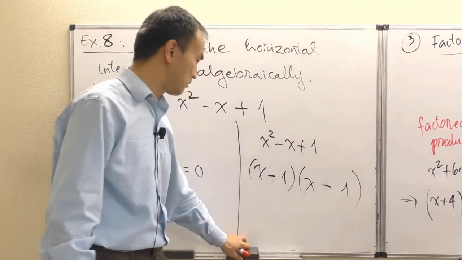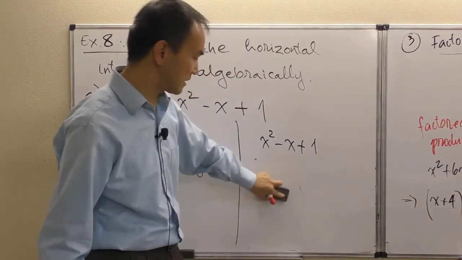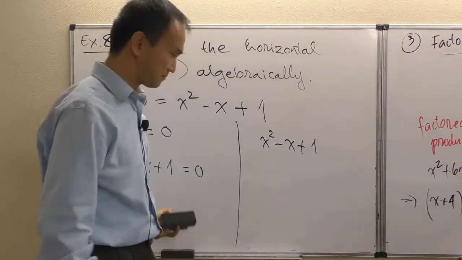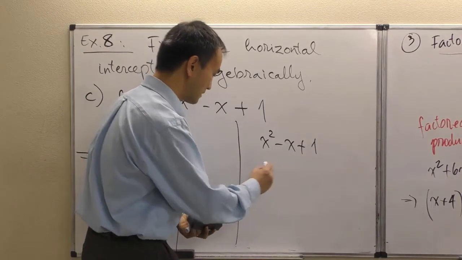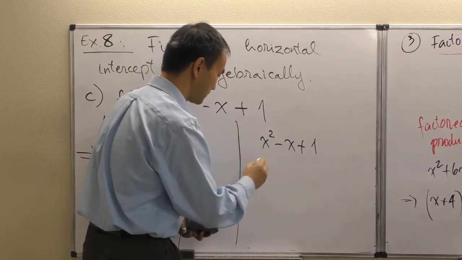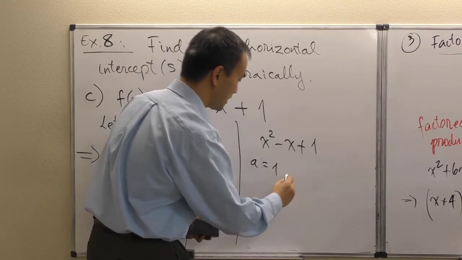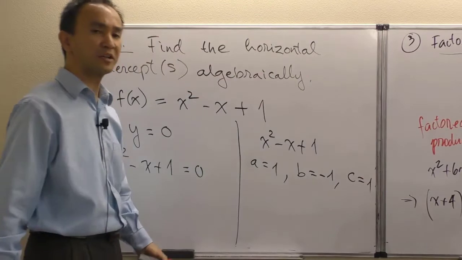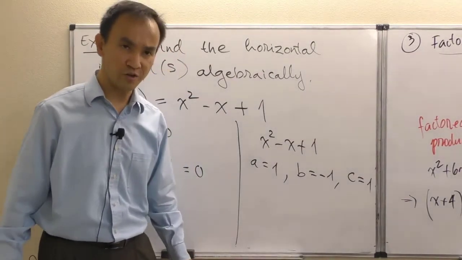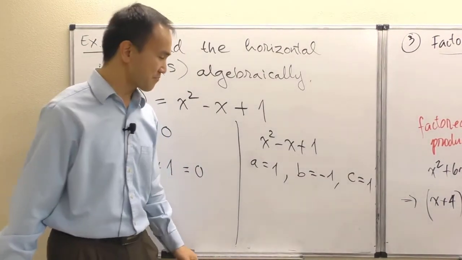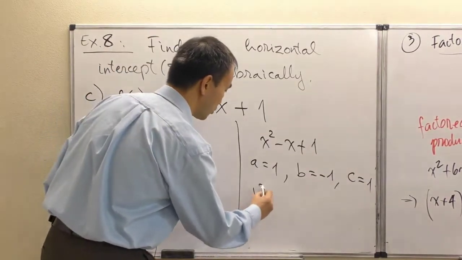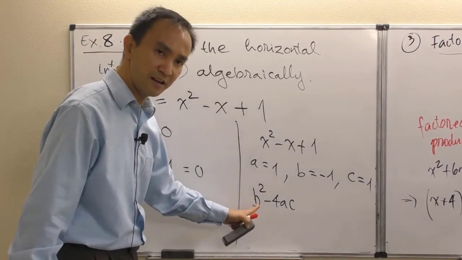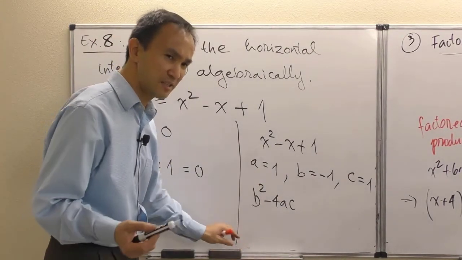Now here is another truth within the quadratic. The A coefficient is 1, the B coefficient is -1, and the C is 1. Then do the following: b squared minus 4ac. This technique is only valid for quadratics, but it can tell me something.